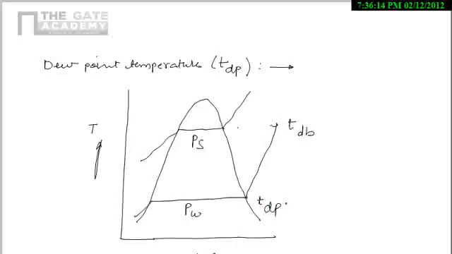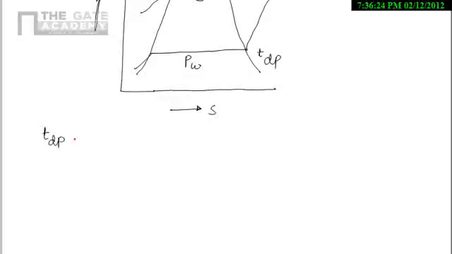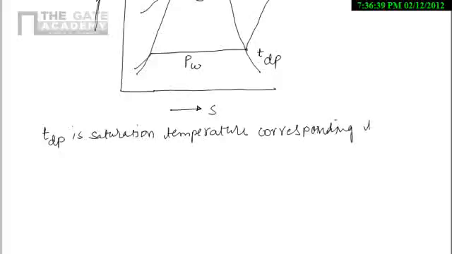Now if you see, the dew point temperature is nothing but the saturation temperature corresponding to PW. So PW equals 0.01164 bar.